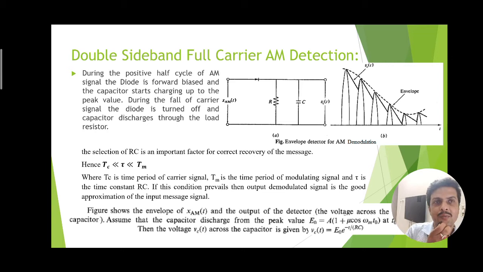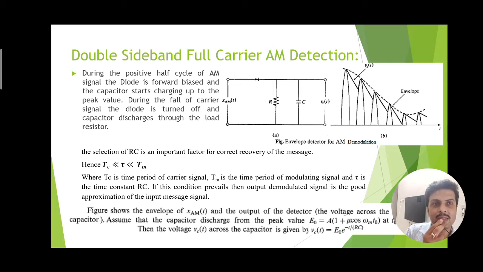The double sideband full carrier amplitude modulation detection can be done using the envelope detector, which comprises a diode followed by a resistor in parallel with a capacitor. The circuit looks like a half-wave rectifier. When the amplitude modulated signal is applied, the carrier magnitude reaches the peak value and thereafter falls frequently compared to the message signal, which is residing at the envelope.